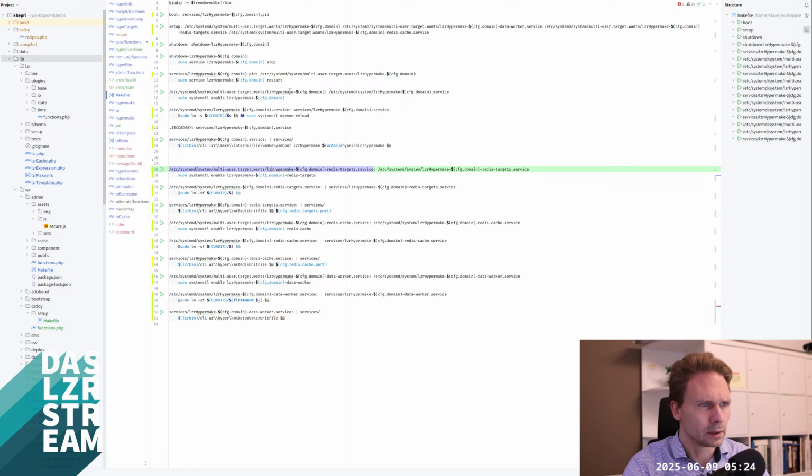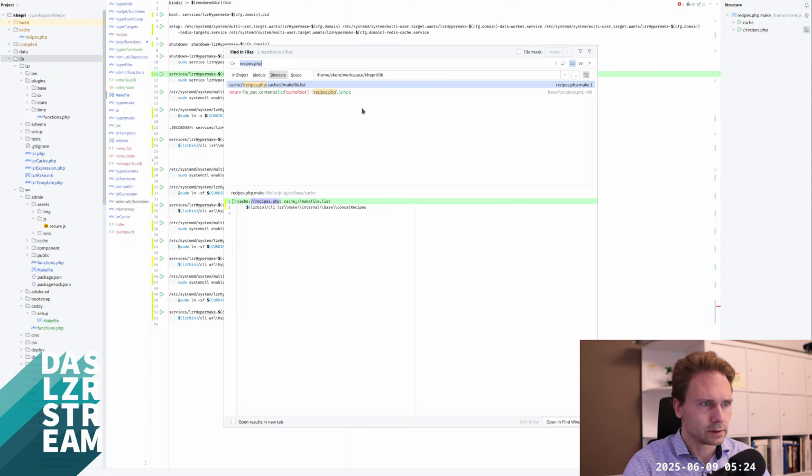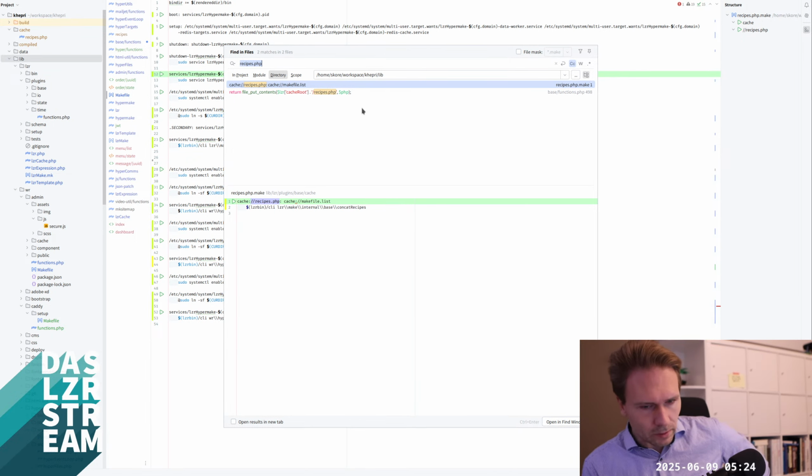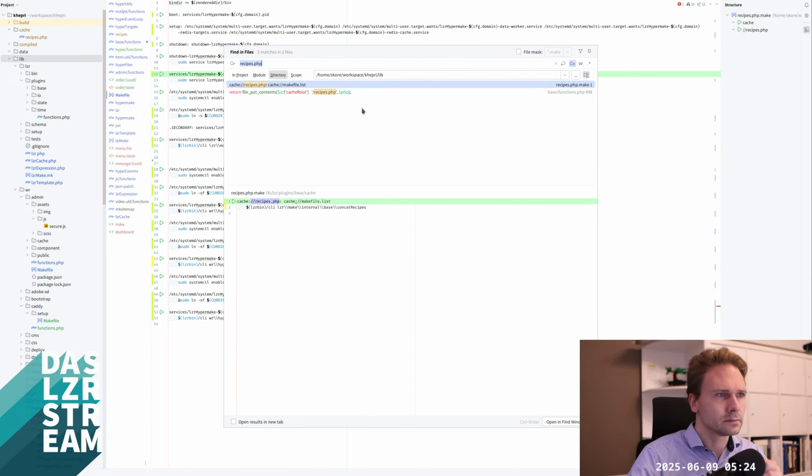But the starting up of this doesn't need it. But it's this kind of recipe, so that will work. How do we start this up?